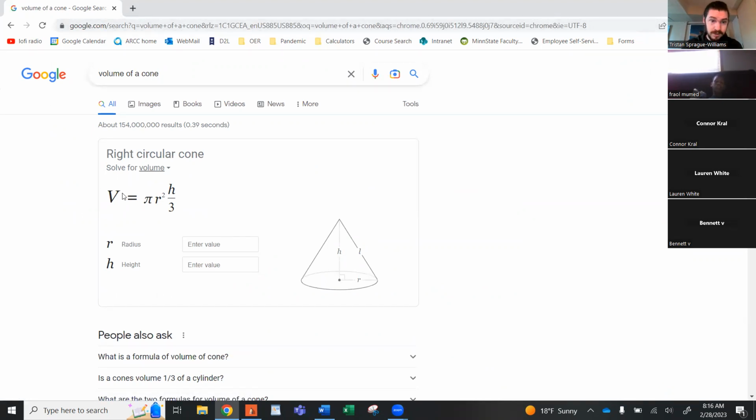Here's the geometric formula for the volume of a right circular cone, which is what we're talking about. It gives the variables here, the height and the radius, with the same exact variable names that we're using, thankfully, so we don't need to adjust any letters. It's basically pi r squared h, but then divided by 3.